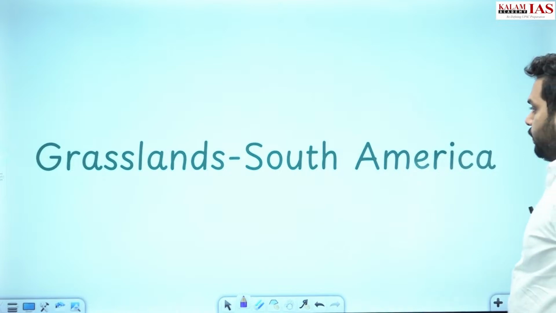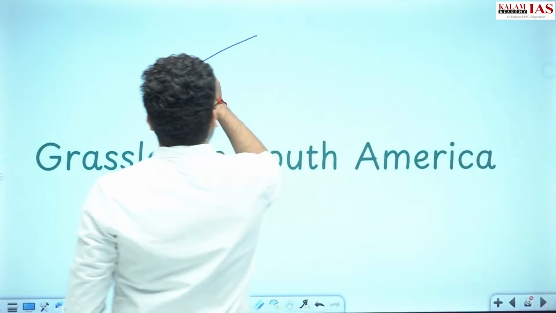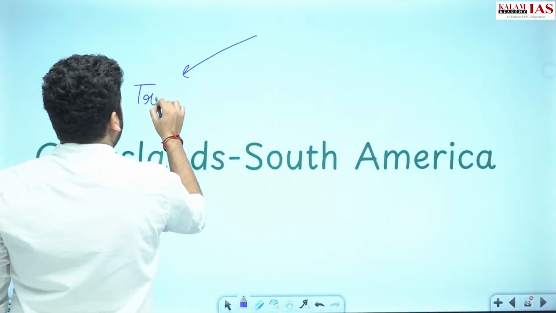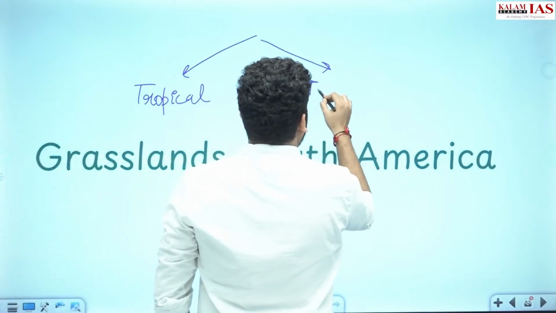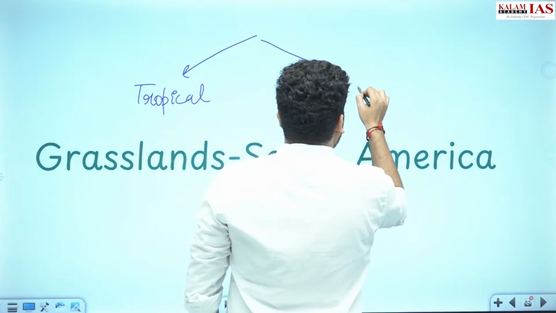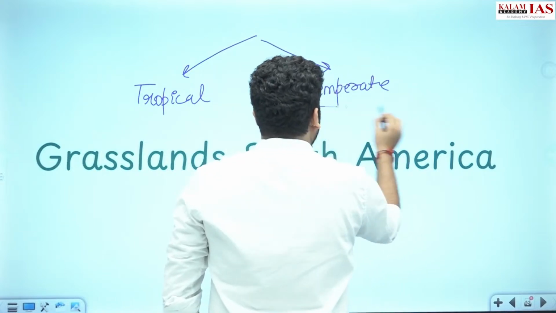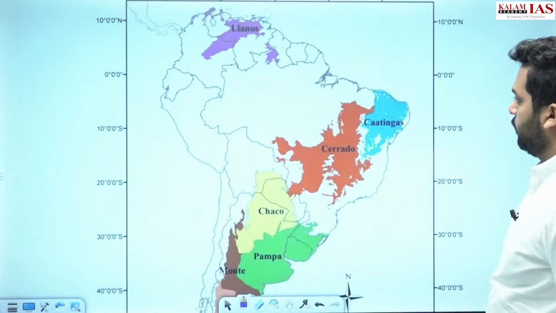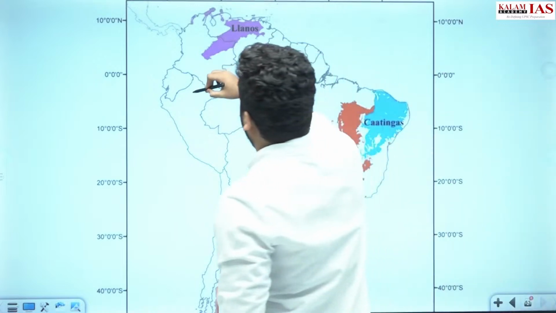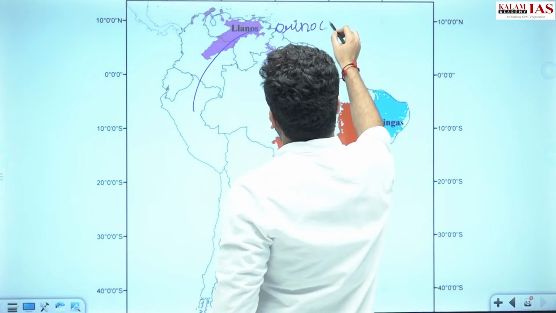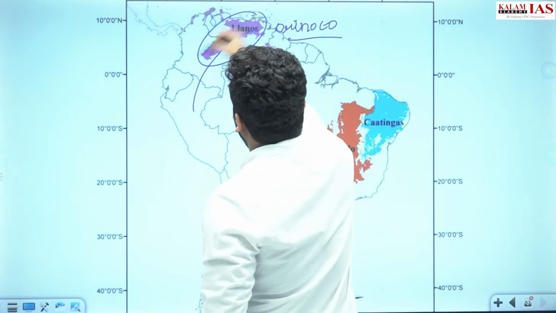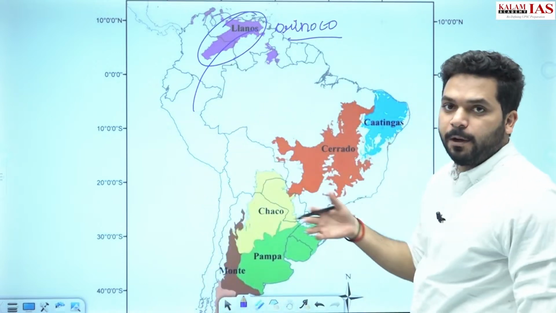Grasslands of South America. We know that grasslands are of 2 types. We discussed the Orinoco River, Llanos, tropical grasslands. Tropical region, so it will be tropical grasslands.